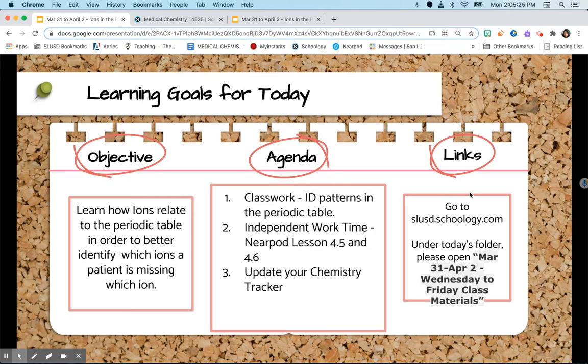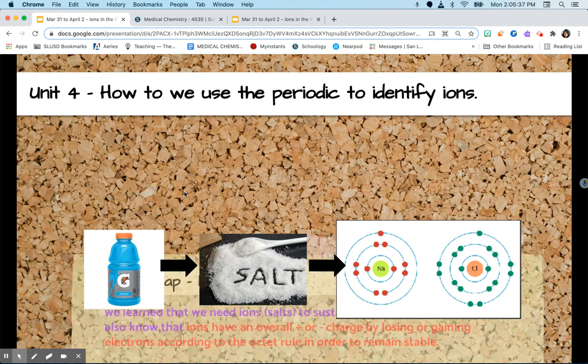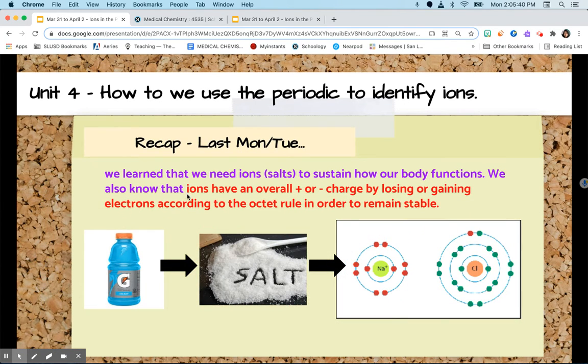So, our goal for today is to talk about, as we're designing a test to figure out which ion is messing with our patients, how do we create this test? Just to recap from the past couple of lessons, we've learned that we need ions, like from Gatorade or just salt from our food, in order to stop ourselves from cramping.